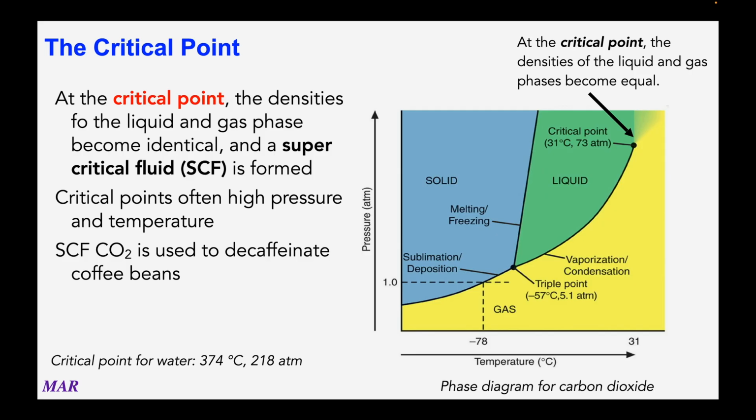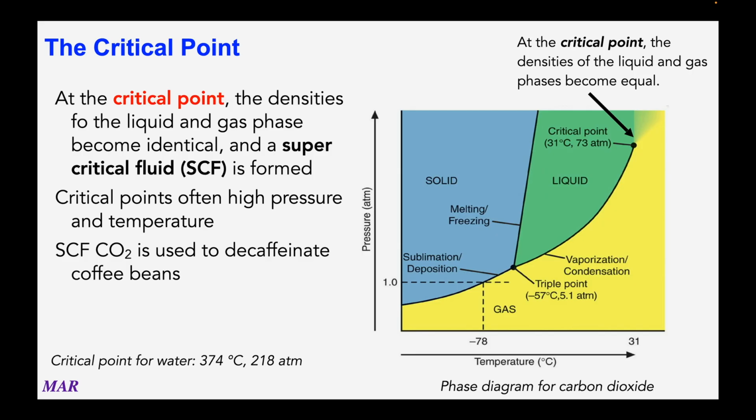And when supercritical fluid of carbon dioxide is used on coffee beans, it's able to extract the caffeine from the coffee. So all the decaffeinated drinks you have are basically the result of using these supercritical fluids, specifically CO2, on the coffee bean. So the decaffeinated coffee bean is left, and the caffeine, which is extracted by the CO2, can be used to make sodas and energy drinks and stuff like that.